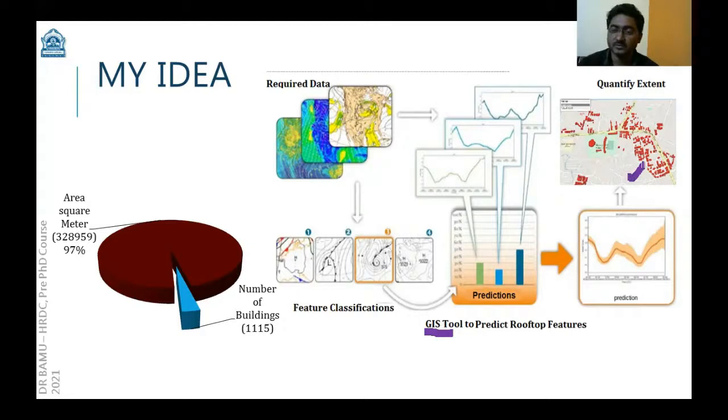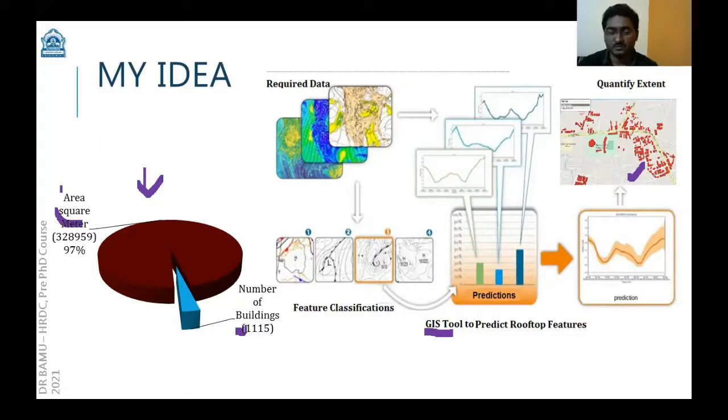Once we represent that in 3D form, we need to extract the polygon of each building's rooftop. Once we find that polygon, we represent that area. This graph indicates the area in square kilometers and the number of buildings, which is 1,115.